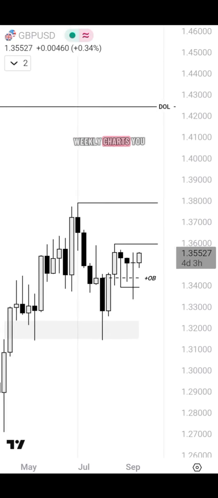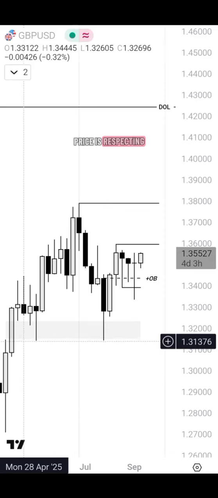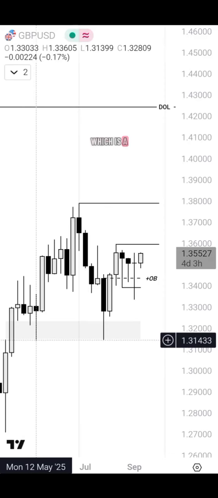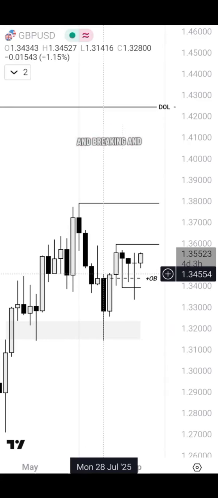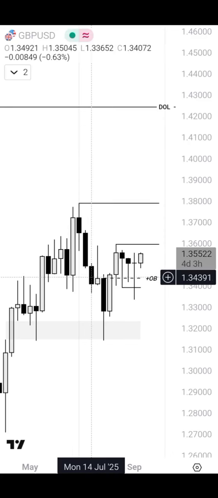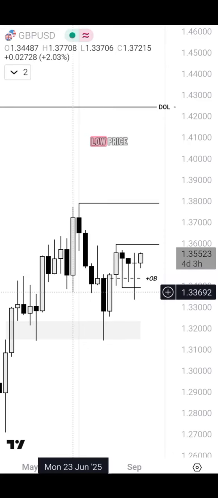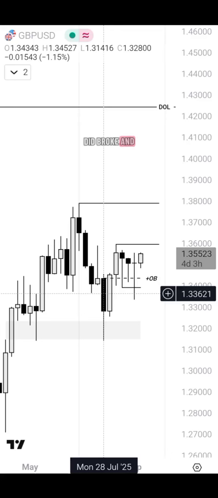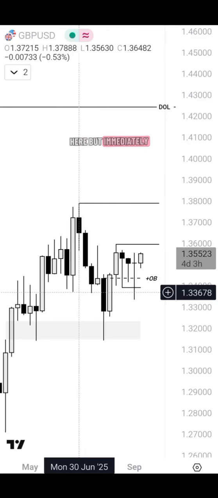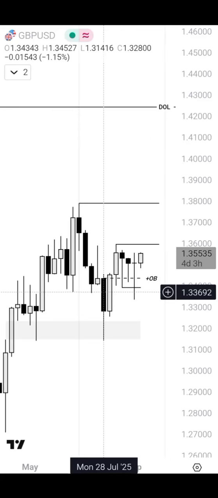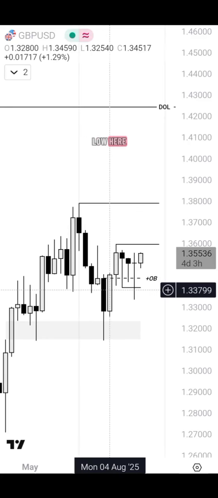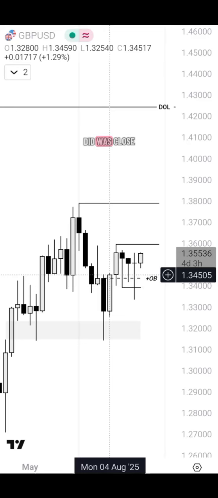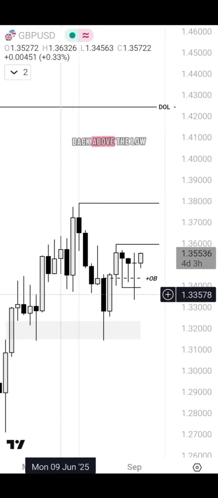So on the weekly chart, you can see how price is respecting old lows, which is here, bullish PDRs, and closing and breaking and closing above the previous week highs. Now, this particular low, price broke and closed below it here, but immediately after, the next week closed back above this low.